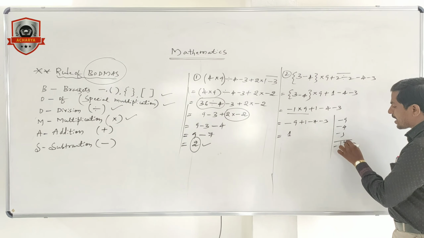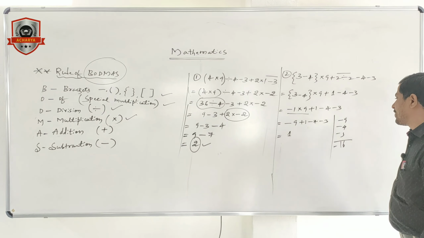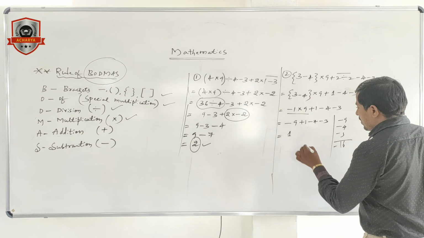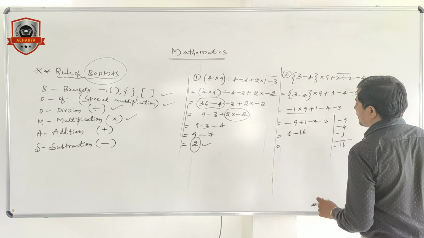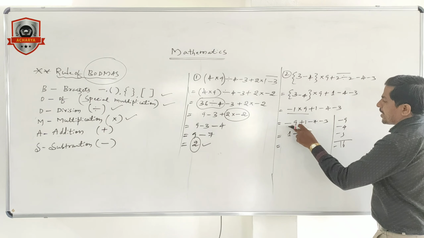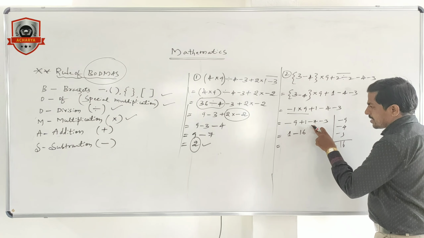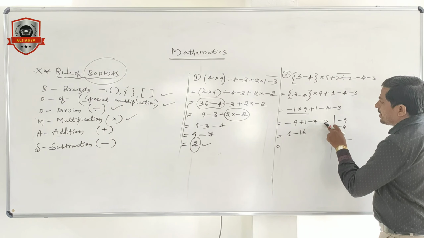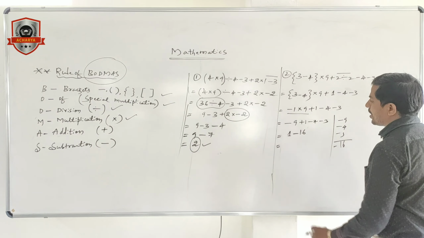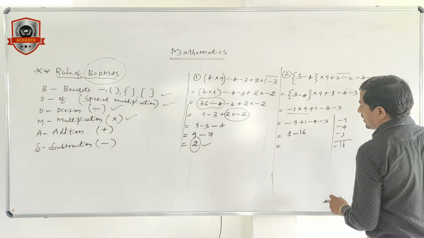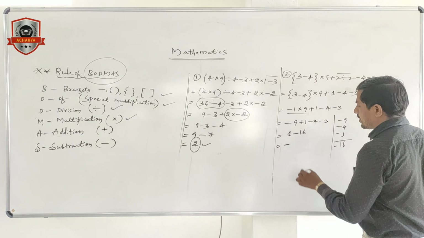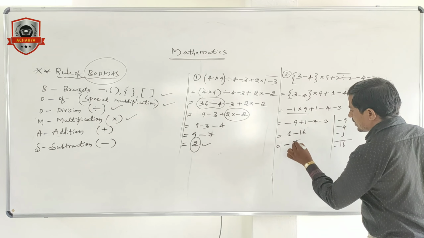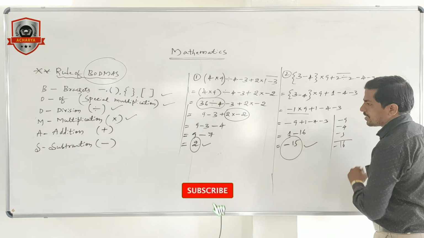Both are negative signs, add and put negative: minus 16. Listen here: minus 9 minus 4 is what? Minus 13. Then minus 3, minus 16. 1 minus 16, which is the biggest number here? 16. What is the sign? Minus. Then 16 minus 1 is what? 15. So this is the result.